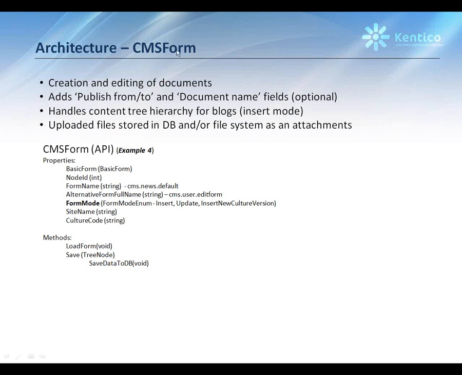The CMS form control uses BasicForm to render the form, and once we get the data from the data row property of BizForm, the CMS form handles the storage of the data into the document tables.